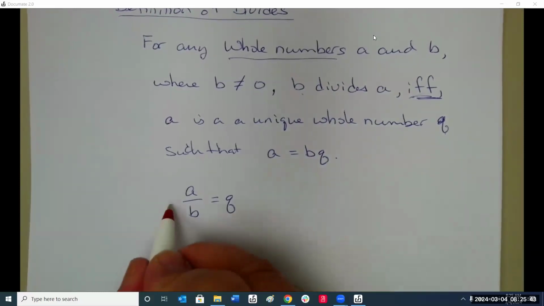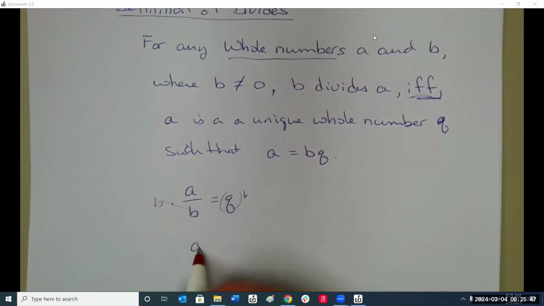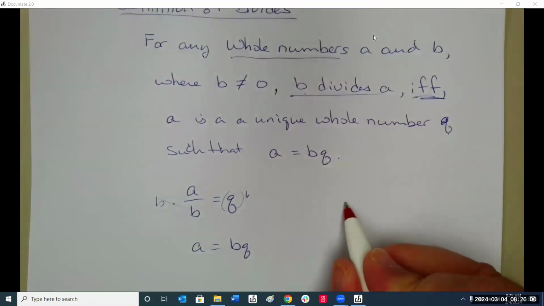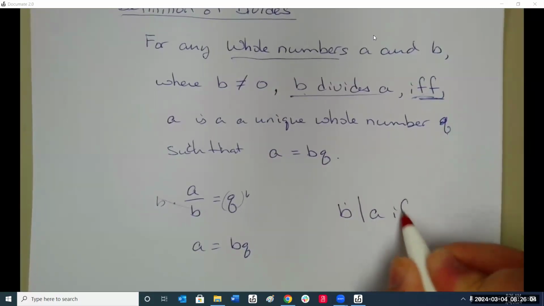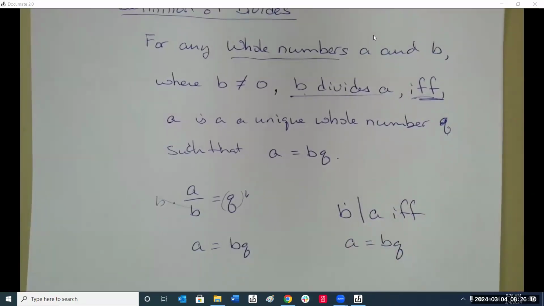This is true because if I multiply B to both sides, then I get A equals BQ. Then that has to be true. And that's what we write. So B divides A if and only if A is equal to BQ. This is how you write it mathematically.